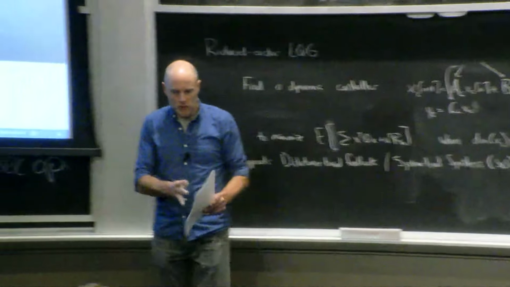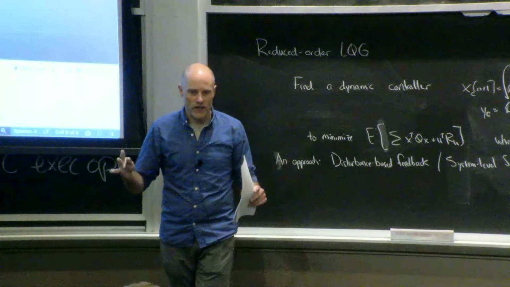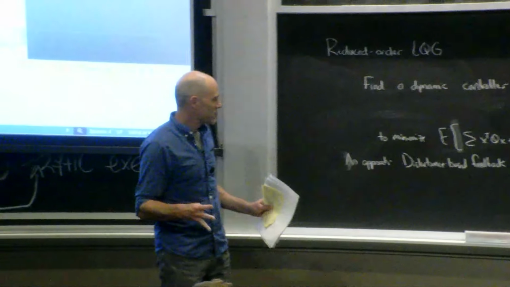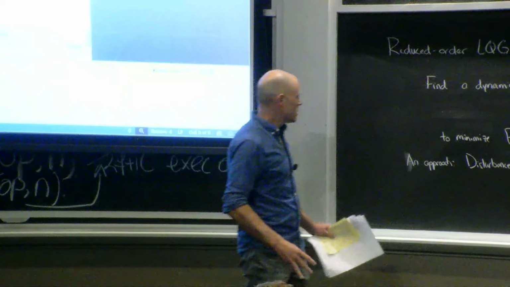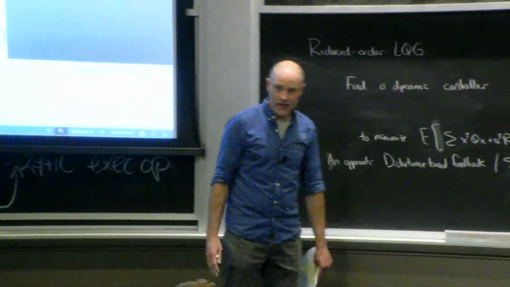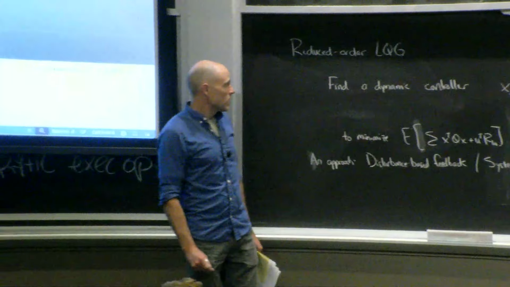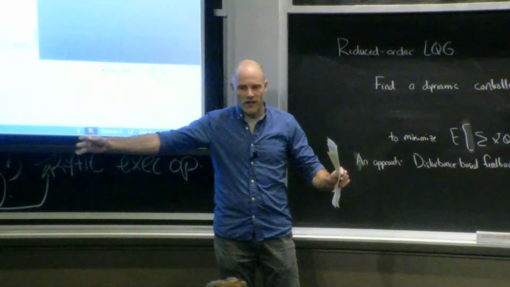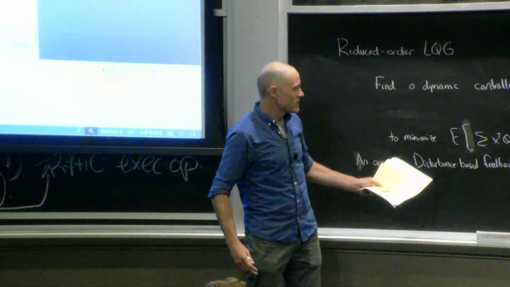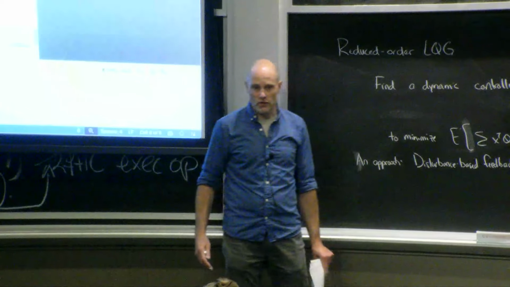You can parameterize it in this disturbance feedback way, in a particularly clever way that makes that convex. And you can get a finite horizon version of this problem with reduced state as a convex optimization. Then you can say, as that history gets long enough, maybe it approximates the infinite horizon case and gives me the solution I really want.